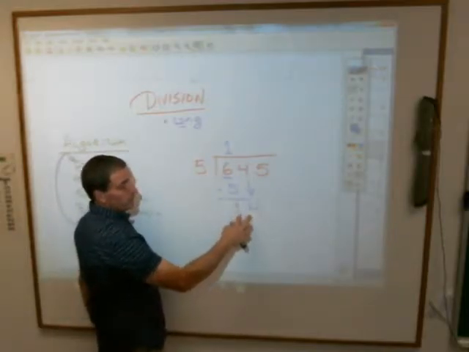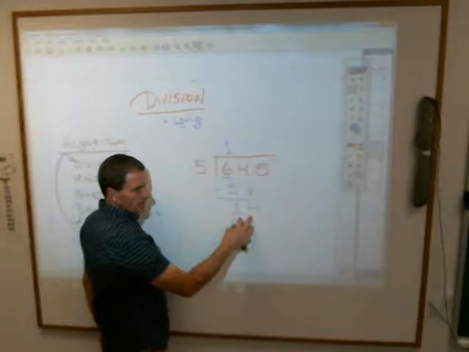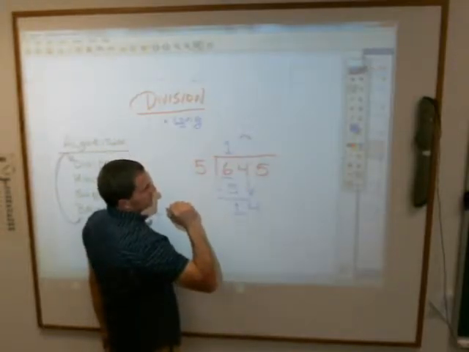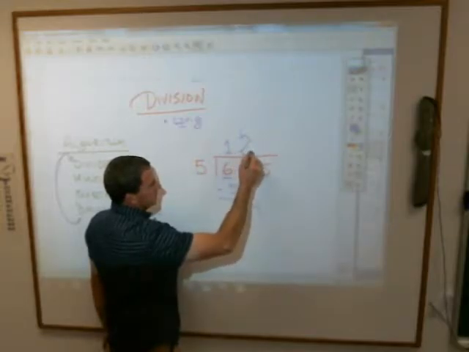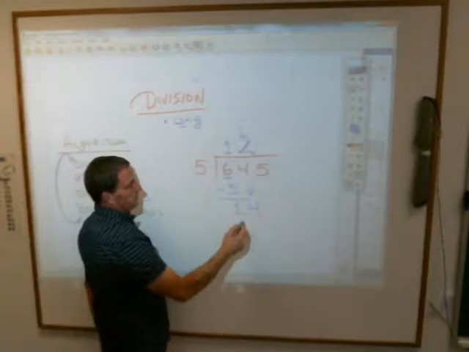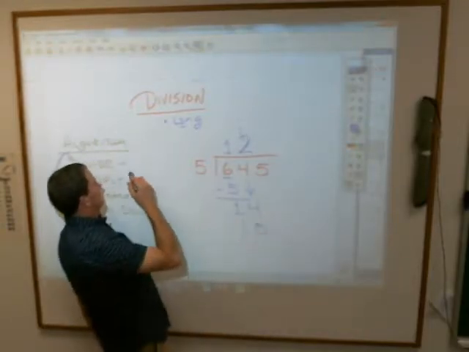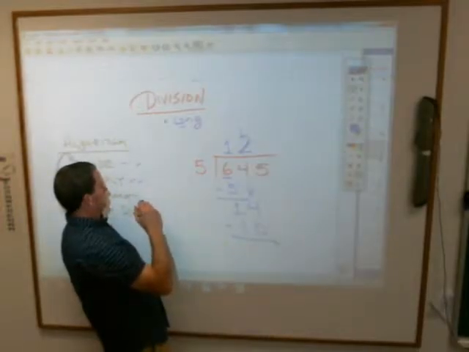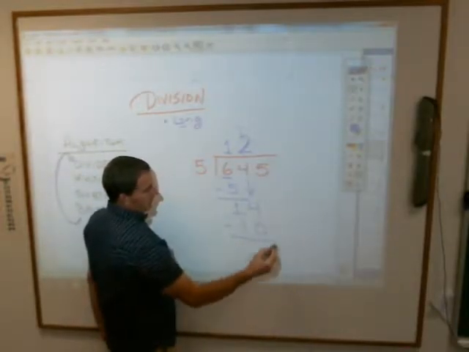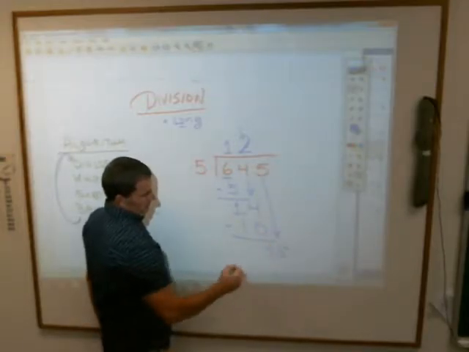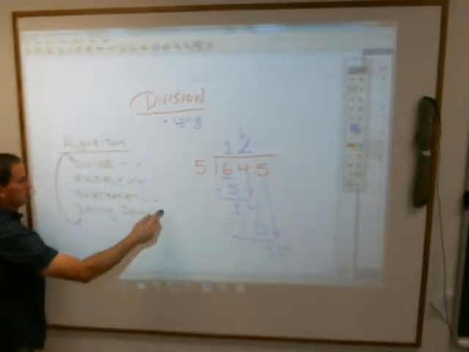How many times will 5 go into 14, Brian? 2. 2 times 5 is 10. I then subtract. And then I bring down. And the whole thing starts all over again.